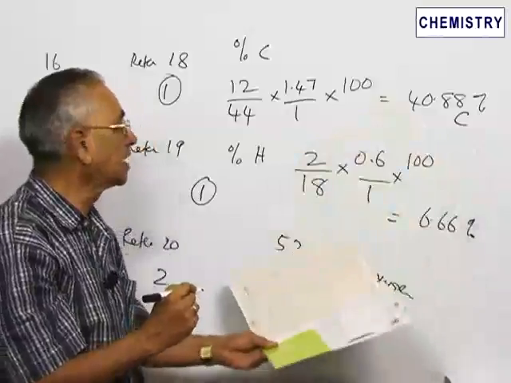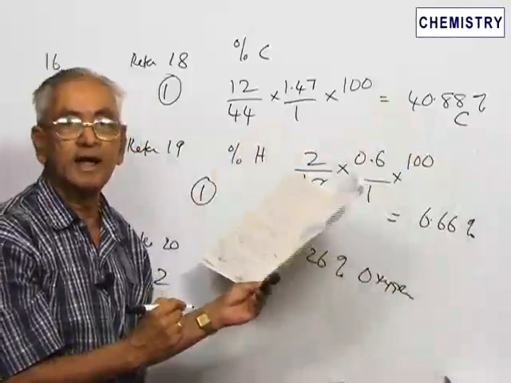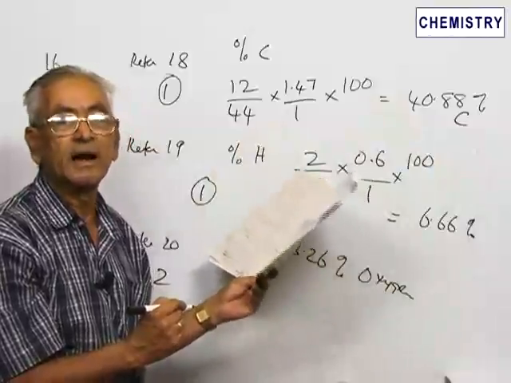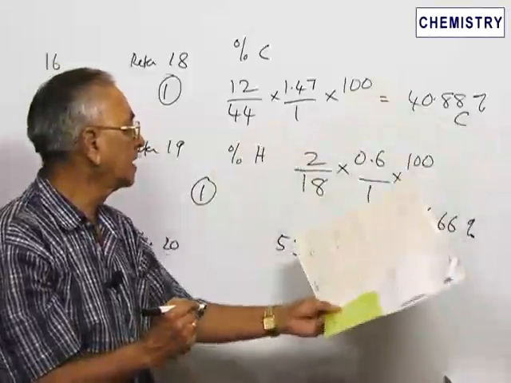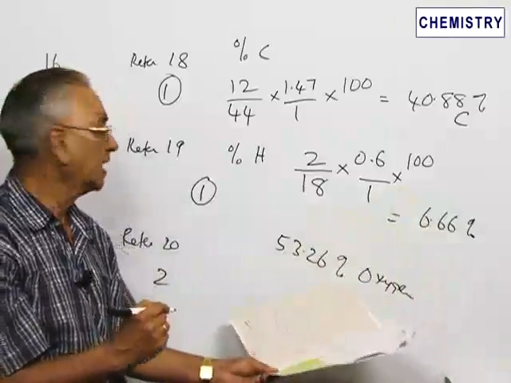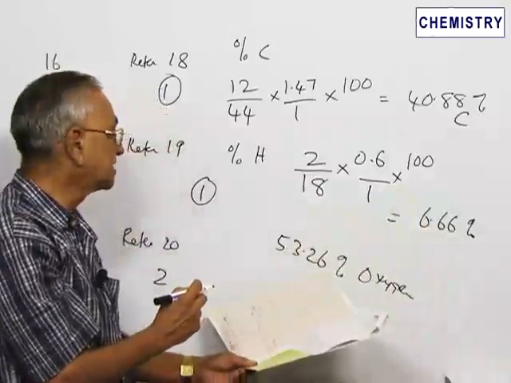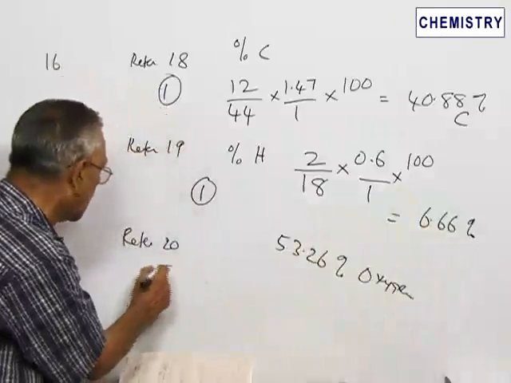A carbohydrate is a compound that contains only 3 elements: carbon, hydrogen and oxygen. Carbon is found out, hydrogen is found out, so the remaining must be oxygen. Therefore, the amount of oxygen that is available is 53.26%, which corresponds to choice 2.